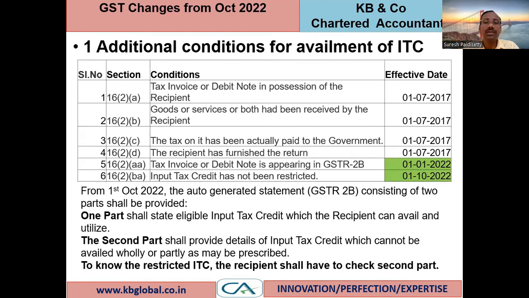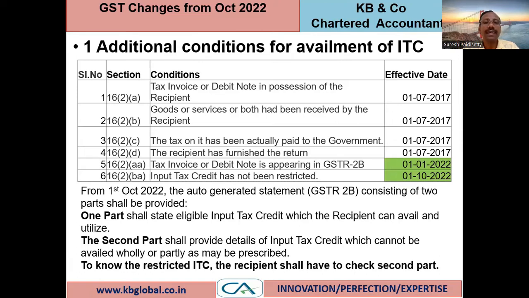Initially, effective from July 1st, 2017 onwards, there were 4 conditions mentioned in the Act for availment of ITC. First condition, the recipient should be in possession of a tax invoice or debit note. Second condition, goods, services or both have been received by the recipient.